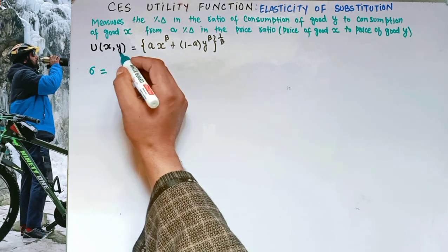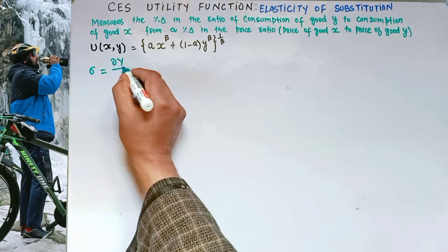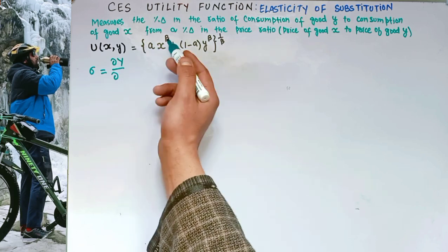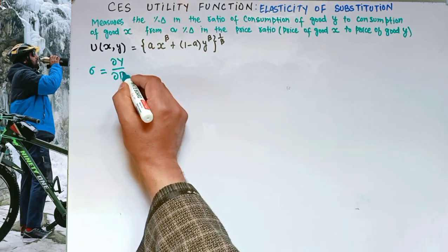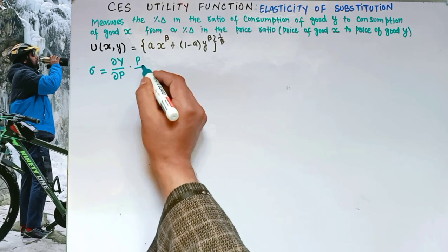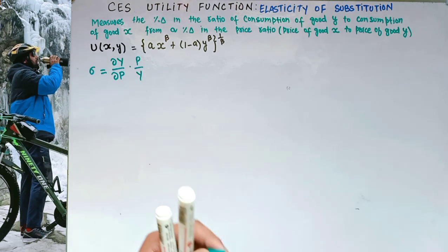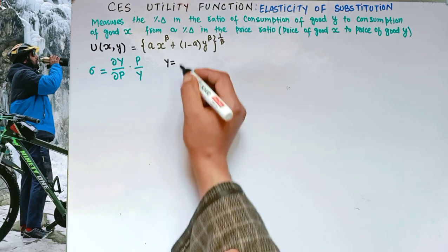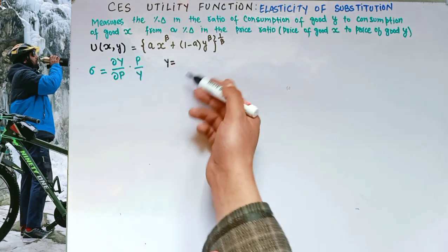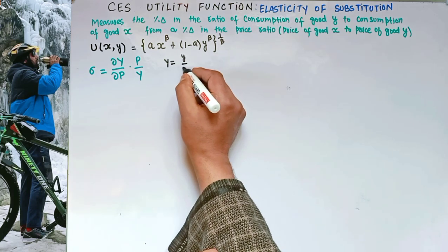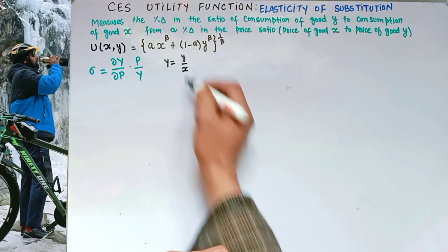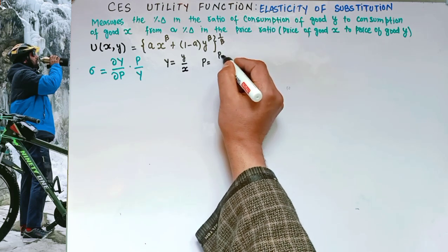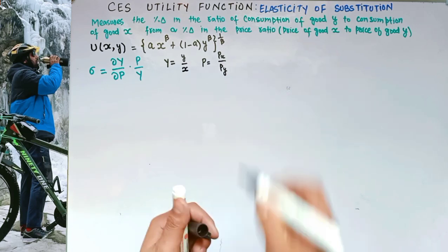So elasticity is simply equal to the change in Y upon change in P, times P upon Y. This is the elasticity formula, where this capital Y is simply the goods ratio, that is Y upon X. Since Y and X are the two goods, this capital Y denotes the ratio of these two goods, and this P shows the price ratio, that is Px upon Py. I hope I am making myself clear.